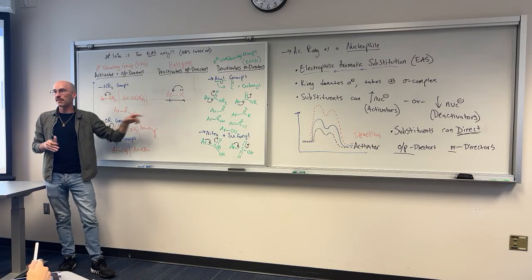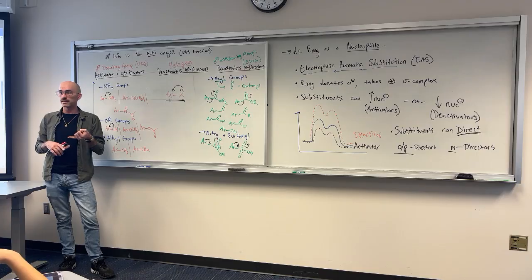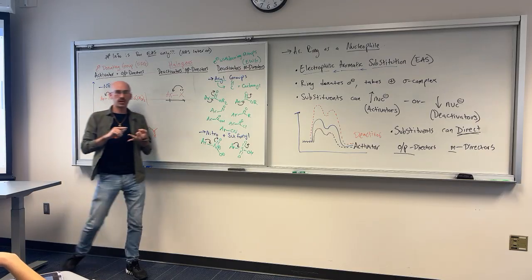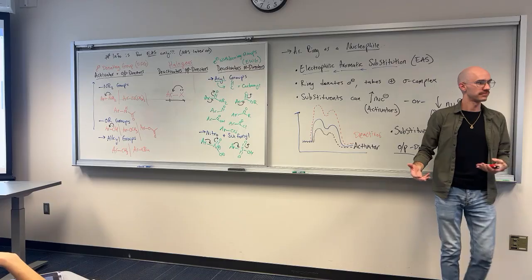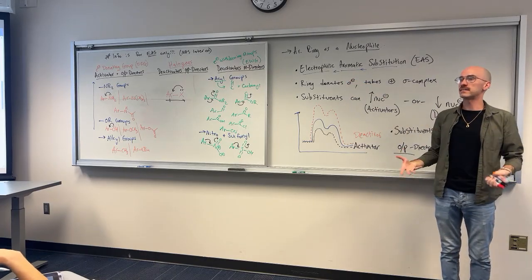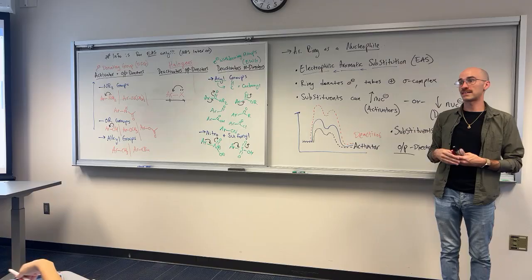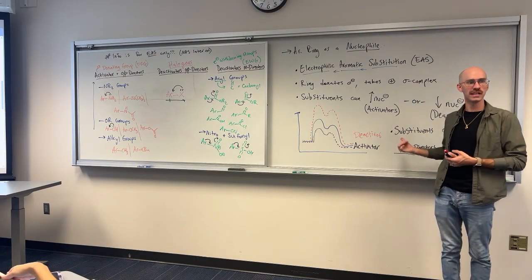And we're going to see how that changes the intermediates, changes the mechanism. We're going to see how that impacts direction. This is how we explain activation. The mechanism is where we can explain directing effects. We need to show that sigma complex to understand directing effects.